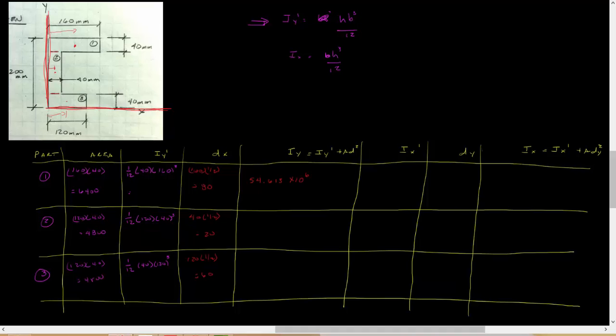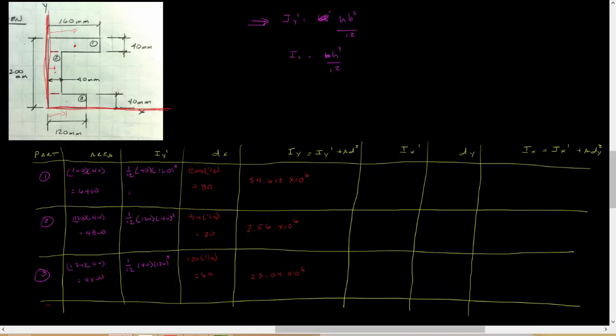Again, one more time, 1/12 times 120 times 40 cubed plus 4,800 times 20 squared is 2.56 times 10 to the 6th. And for the last one, same equation, I came up with 23.04 times 10 to the 6th.